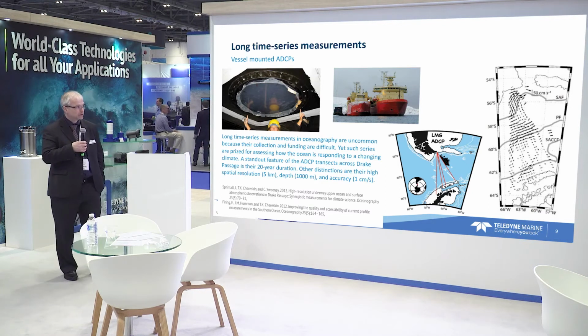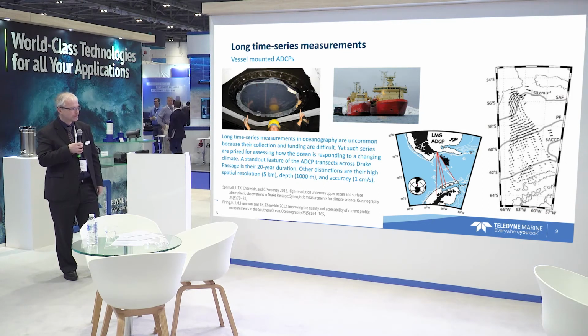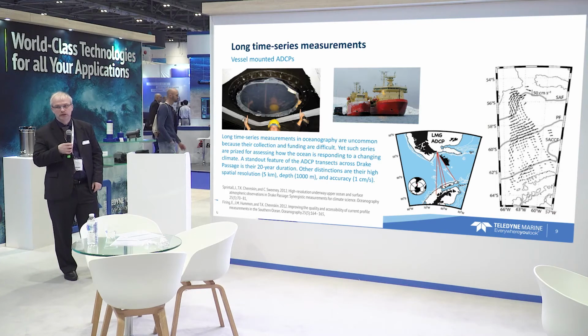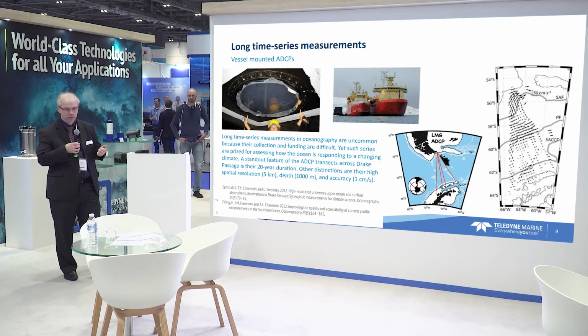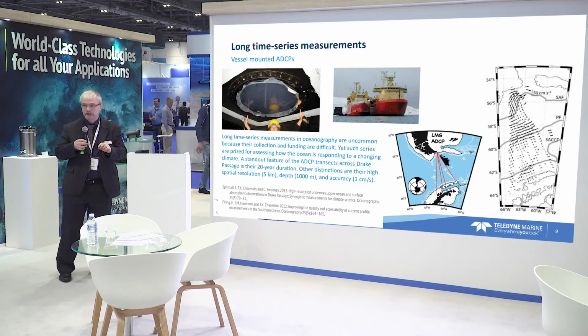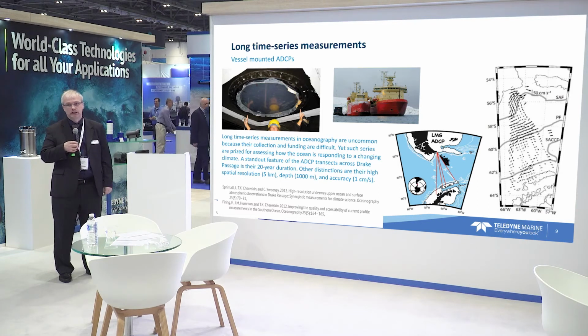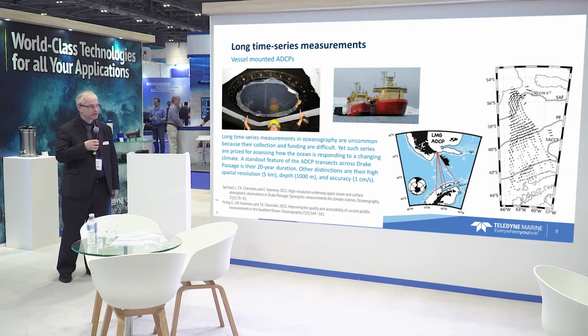This study has been carried out with our vessel-mounted Ocean Surveyor over 20 years, where transects have been done between South America and Antarctica many times, resulting in a huge data set, again over 20 years, with track distances of 5 kilometers, ADCP data ranging down to 1,000 meters, and resolution accuracy in the range of 1 centimeter per second.